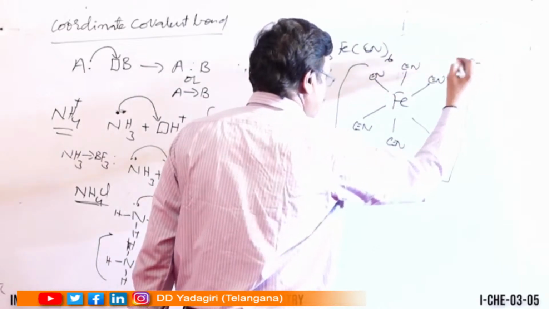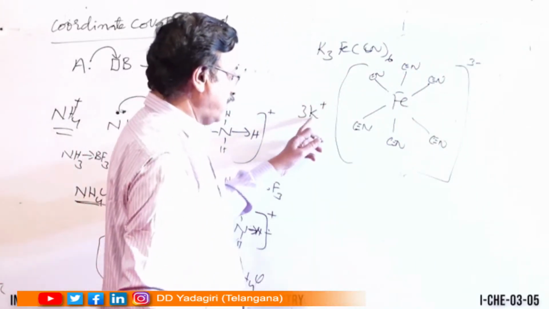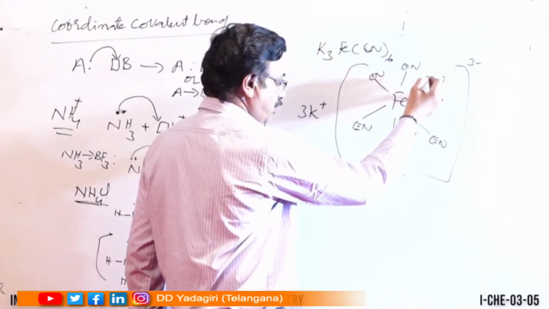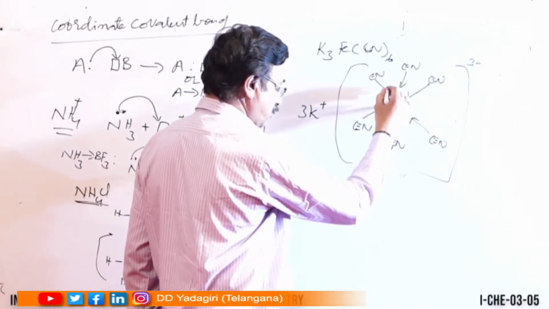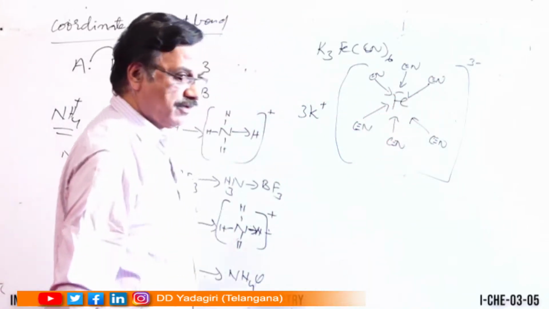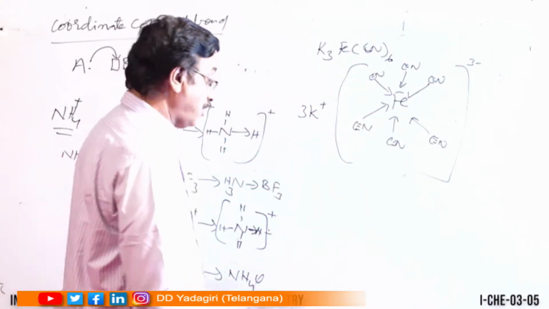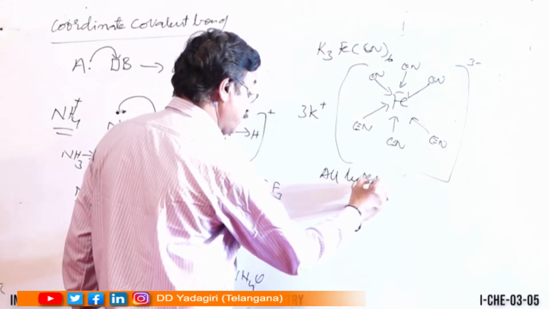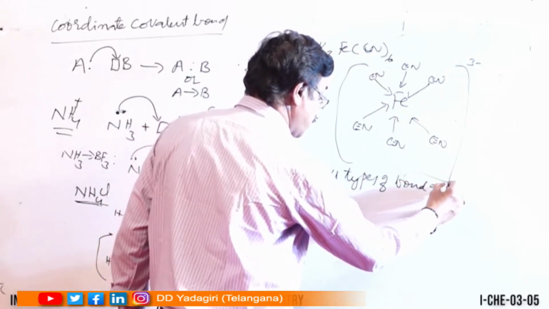This is 3 minus, this is 3K plus. This is an ionic bond. Here it is a covalent bond within cyanide, and these are coordinate covalent bonds. Cyanide will give the lone pair of electrons, so it is a coordinate covalent bond. So all types of bonds are present.